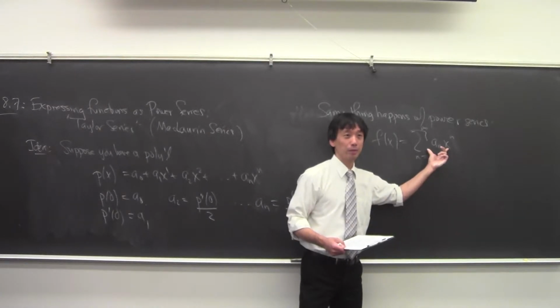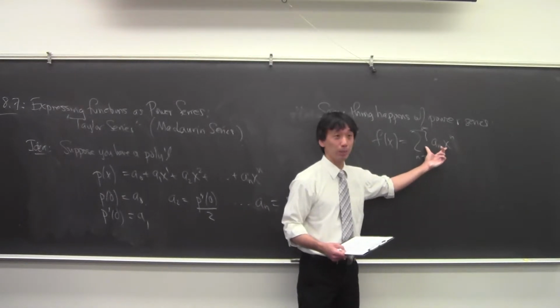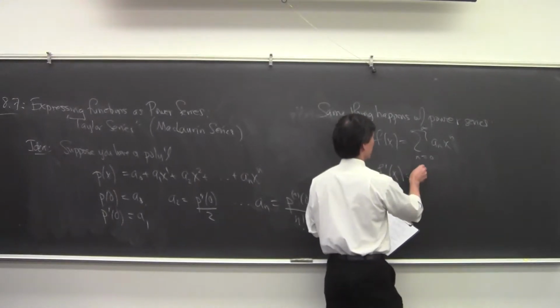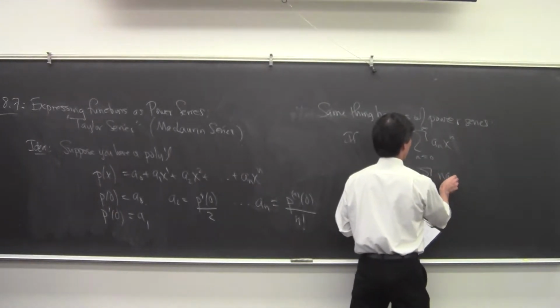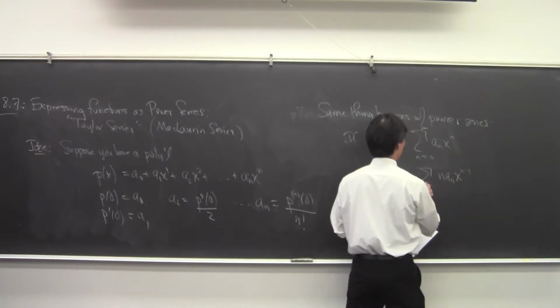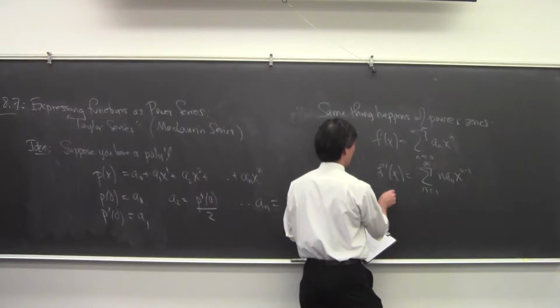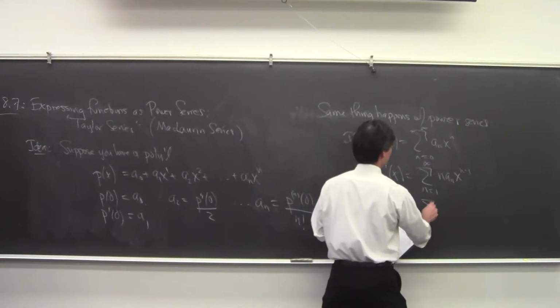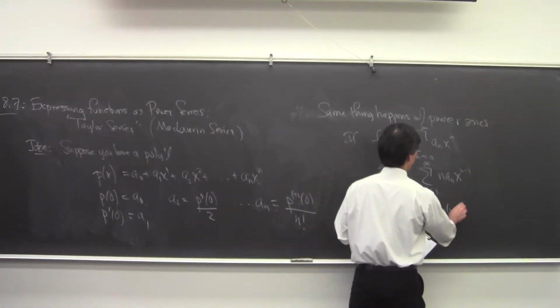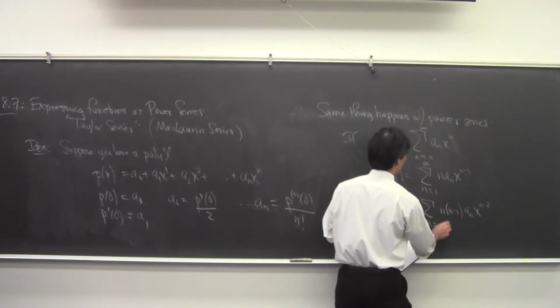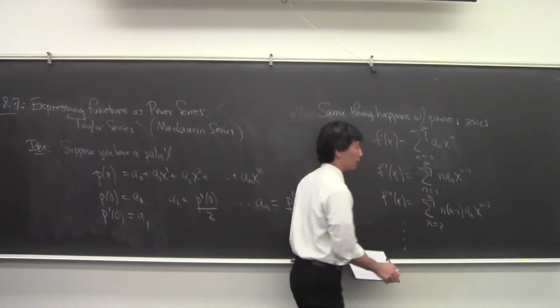So f prime is going to be summation n a n x to the n minus 1 from n equals 1 to infinity. F double prime is going to be summation n times n minus 1 a sub n x to the n minus 2 from n equals 2 to infinity. And so on and so forth.